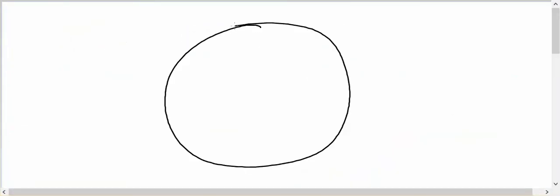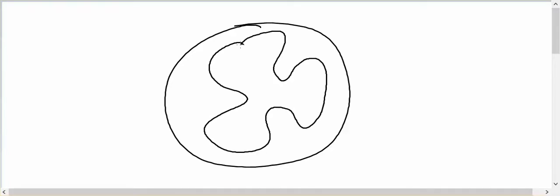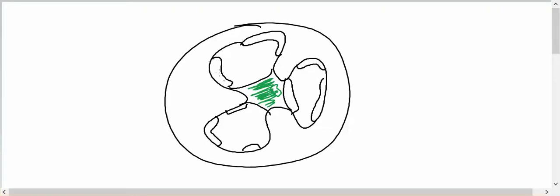Okay. See, let us take this capillary, glomerulus. It is a glomerular capillary. I am just putting the end so that you can understand. This is the capillary. This is the mesangium. And we all know the mesangium contains mesangial cells, and the capillaries are lined by endothelial cells.